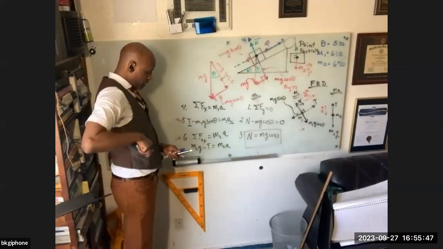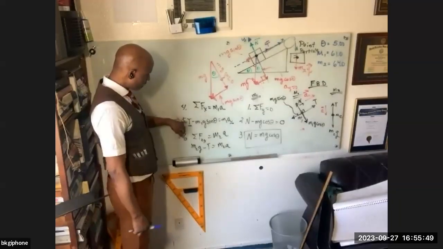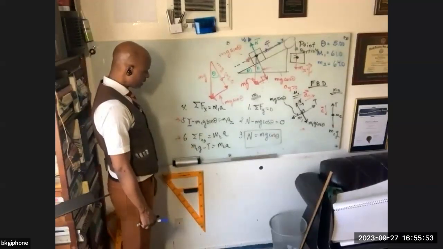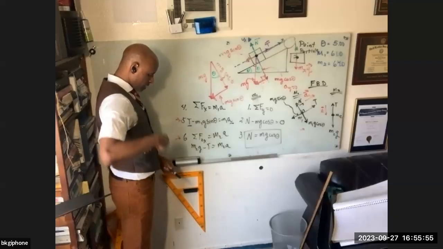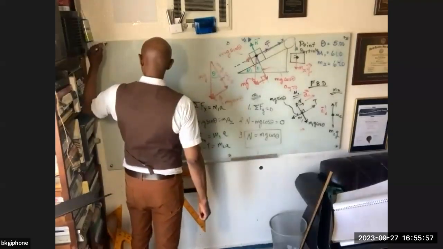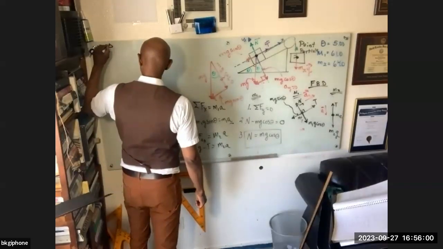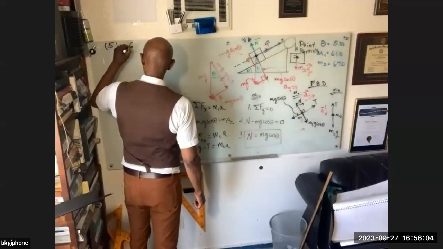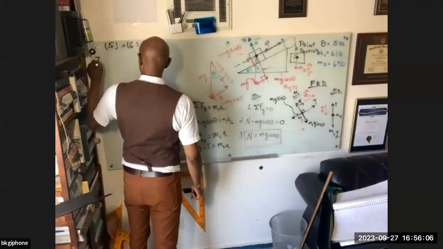Now, a little bit of tricks in linear algebra. I'm looking at this, and I see a plus T here and a minus T here. If I add the two equations, I eliminate T. So that's an easy thing for me to do, so I'm going to do it. So equation 5 plus equation 6 is what I'm doing.